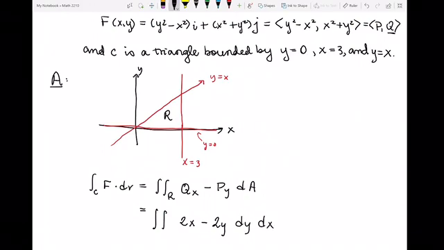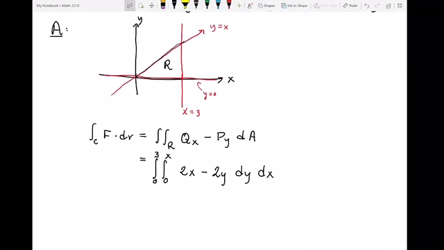If I go first with respect to y, I need to decide where y is going from. So y goes from 0 up to y equals x, so 0 up to x. And then we look at what x is doing in the other direction. It goes from 0 out to 3.